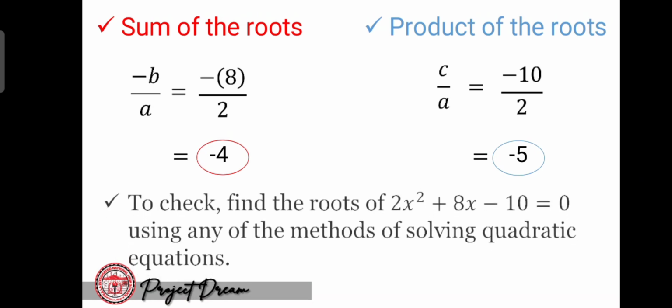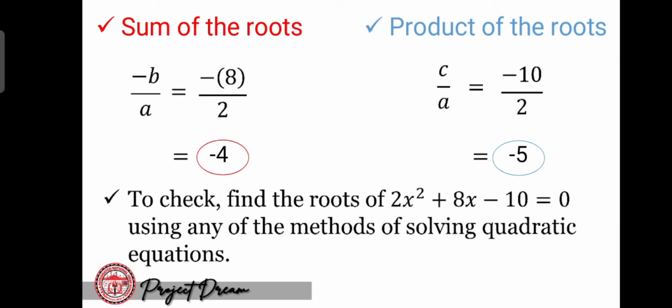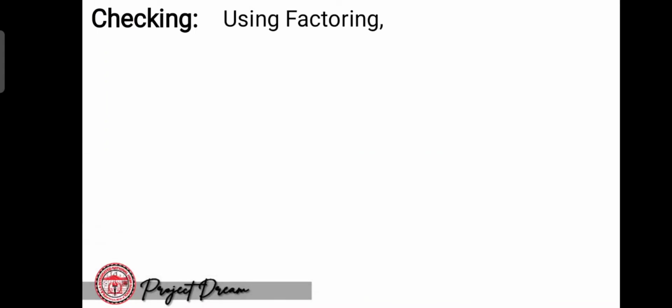So, in order for us to check if our answers are correct, we will find the roots of the given equation using any method of solving quadratic equations. We'll use again the method of factoring. Let us write the given equation and then we will divide the first, the second, and the third term by 2 because all of them are divisible by 2.